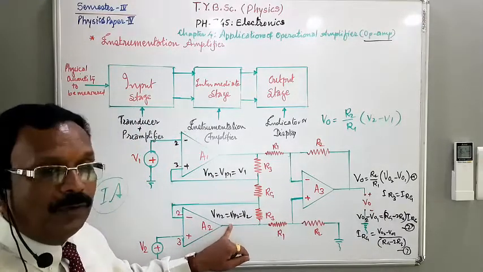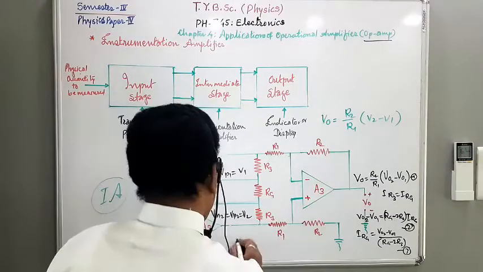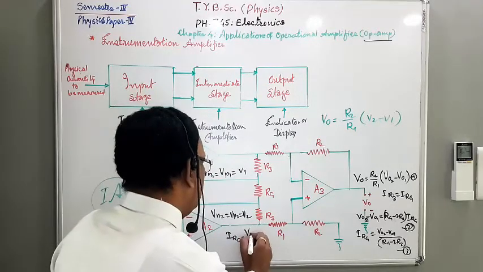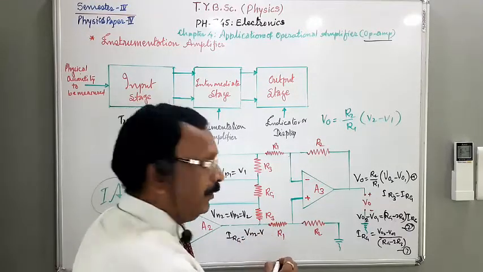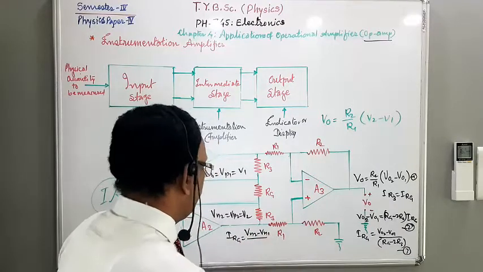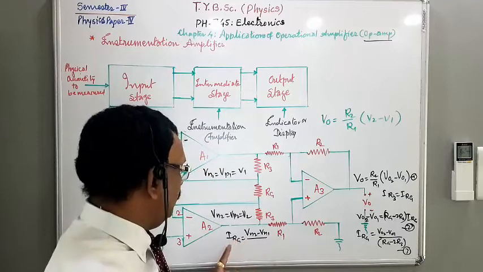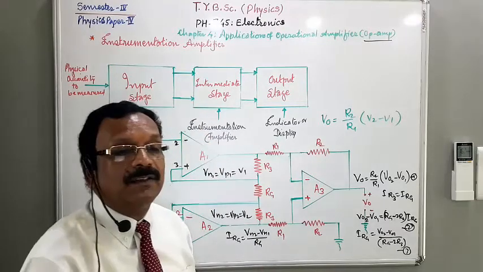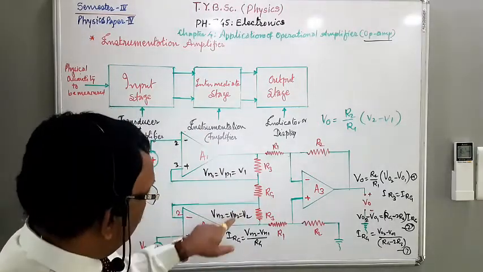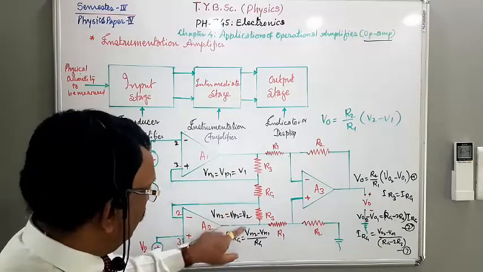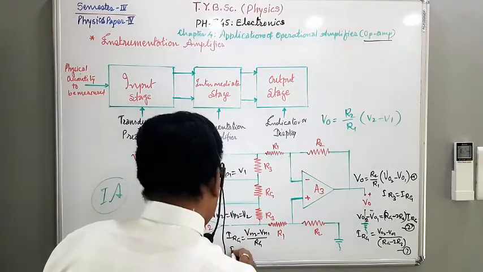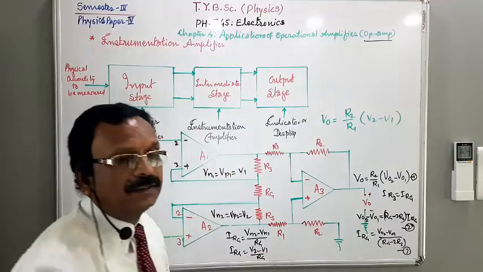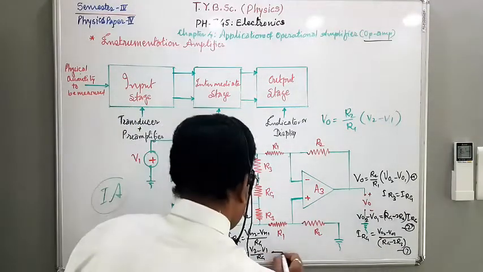Therefore, we have IRG equal to simply VN2 minus VN1 upon RG, since I is equal to V upon R, and R is common, RG. According to this, VN1 is equal to V1 and VN2 is equal to V2. Therefore, we can write IRG is equal to V2 minus V1 upon RG. Suppose this is equation 4.